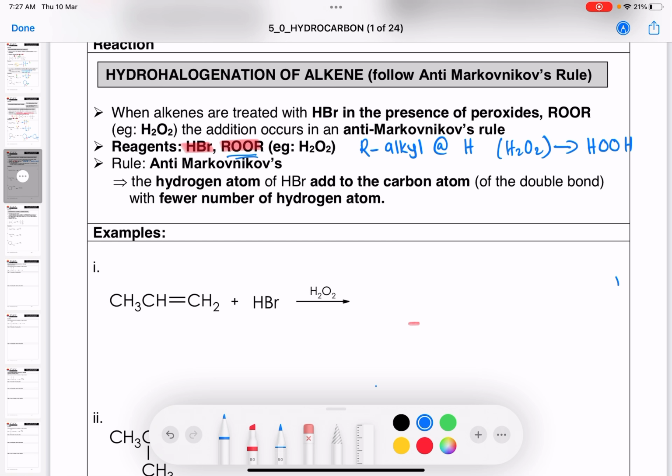So R is alkyl or hydrogen. Anti-Markovnikov is the opposite of the Markovnikov rule, where the hydrogen will be added to the carbon atom with the fewer number of hydrogen atoms. And what I want to emphasize once again is that only HBr is used here. You cannot use HCl, only HBr. So let's see how this reaction goes on here.